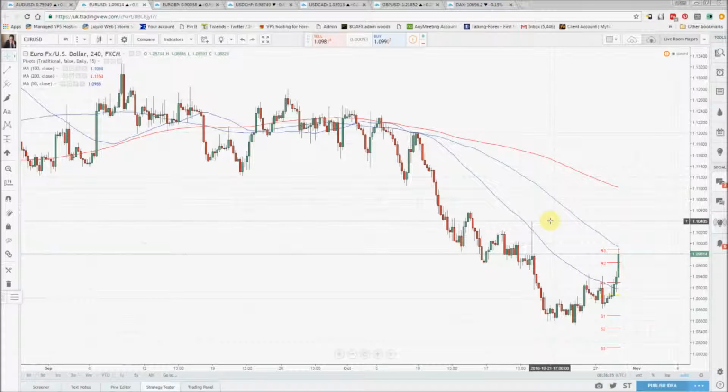As you can see, we did have a bit more downside without the pullback last week, but after the data announced at the end of the week, we've started to see a bit of profit taking in these short positions in the euro and the US dollar longs, which has initiated this bit of a pullback at the moment. So we could be on our way. It's taken a long time, but we are looking for that better price to sell the euro. So that one's still in check and still looking to run its course.